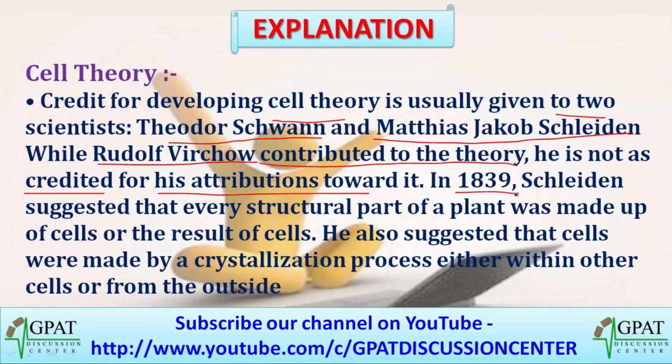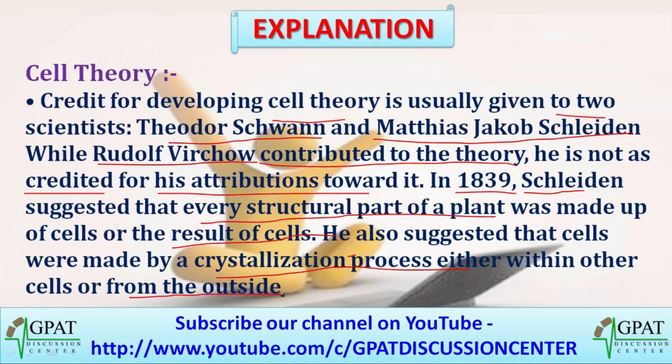In 1839, Schleiden suggested that every structural part of the plant was made up of cells, or the results of these cells. He also suggested that cells were made by a crystallization process, either within other cells or from the outside.